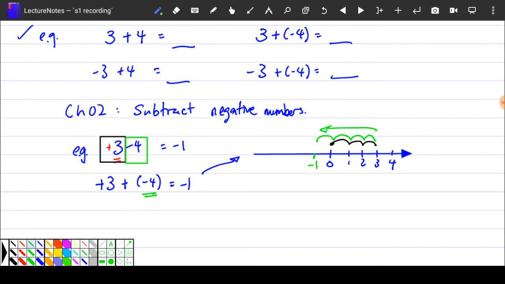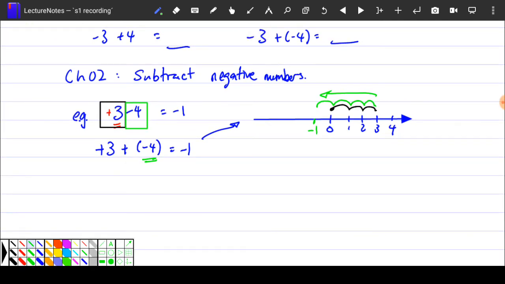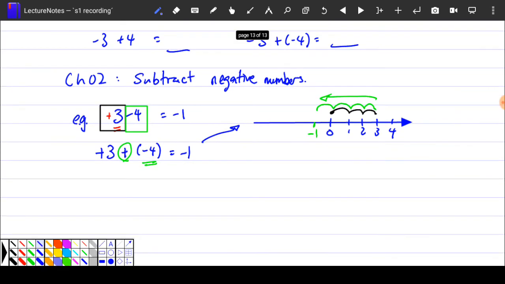So looking at this, I can almost solve all subtract negative numbers by adding a plus sign in between them. So for example, I have negative 3 minus 4. So it can be rewritten as, pause the video and try.